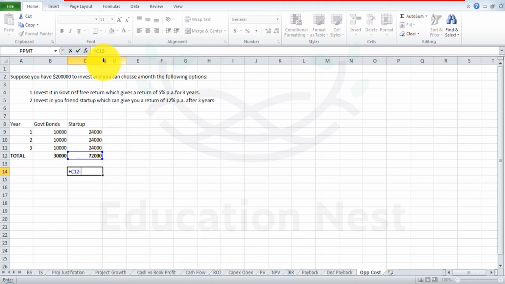You're just going to earn an incremental income of $42,000. And why so? Because to earn a $72,000 income, you had to forgo an opportunity cost of $30,000 income. That's how you only earn an incremental income of $42,000 in the long run after 3 years if you invest in your friend's startup.